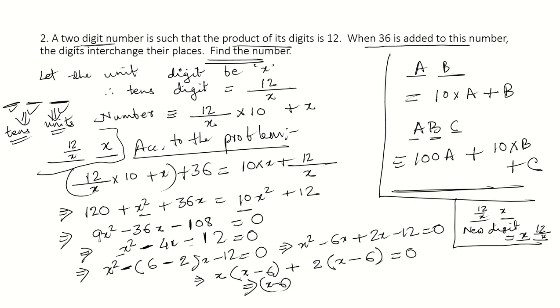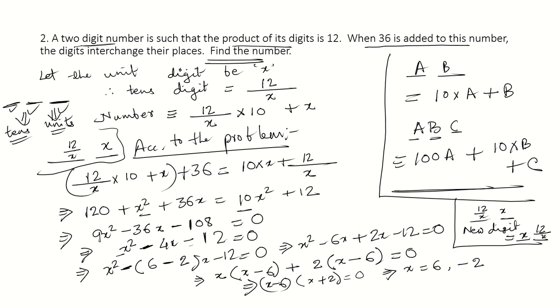When we take x minus 6 as common outside the bracket, we get x plus 2 equals 0. So it's like a times b equals 0. As we discussed before in the quadratic equation slide, if a times b equals 0, then a equals 0 or b equals 0, right? So we get x equals 6, minus 2.